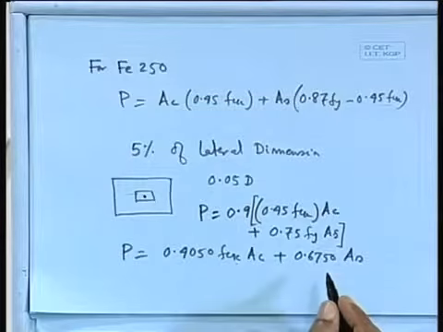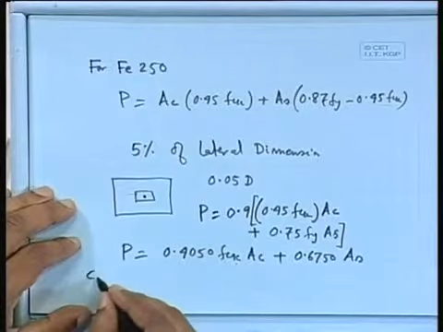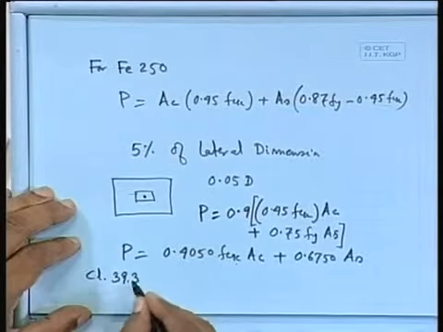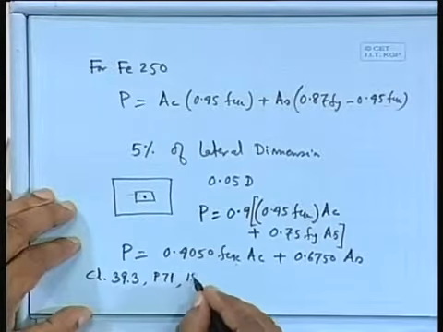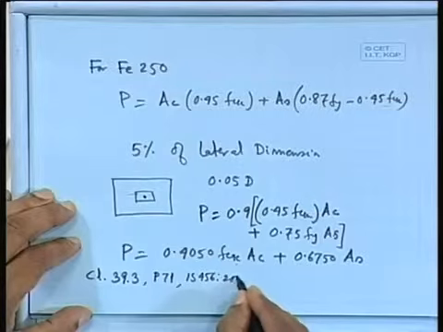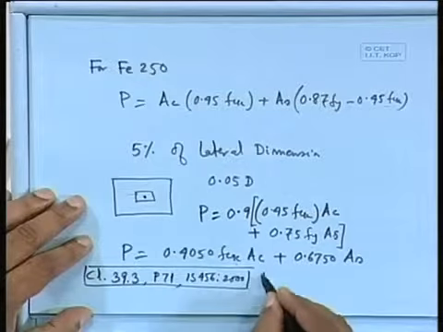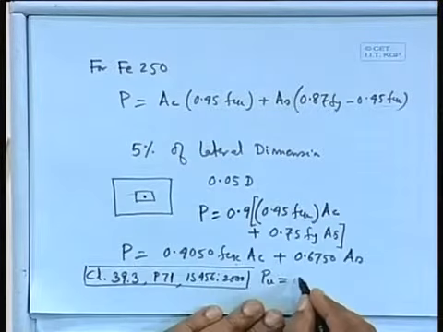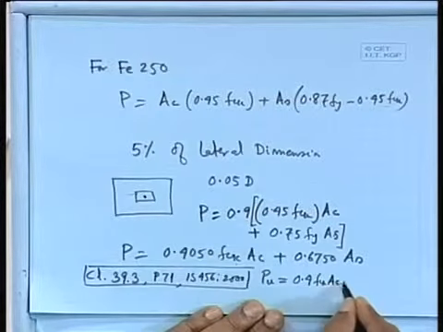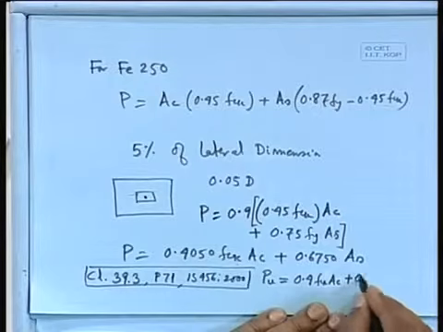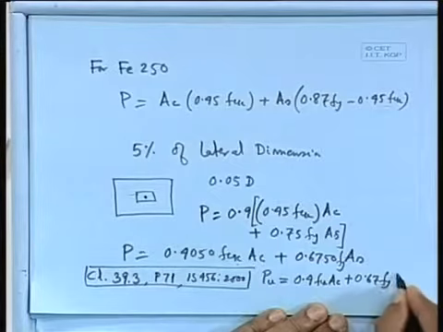Now our code says, in clause 39.3, page 71 of IS 456:2000, that Pu equal to 0.4 fck Ac plus 0.67, sorry, here fy is missing, fy As.